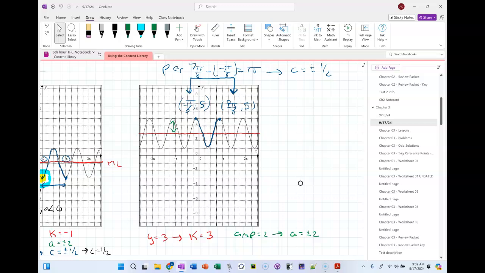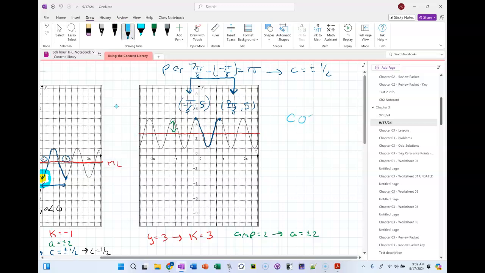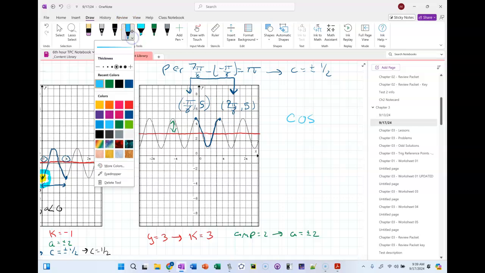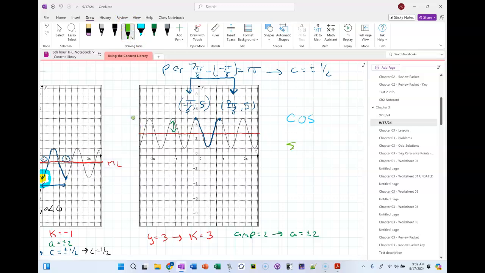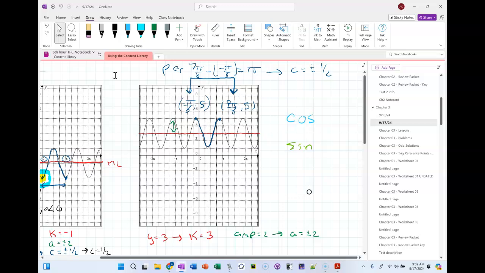Let's say for cosine, I'm going to use this light blue here, and for sine, I'm going to use this green. So far, so good? Okay, so for cosine, I'm going to pick an extreme point, a max or a min. It doesn't matter which one I choose. Any is going to be fine.